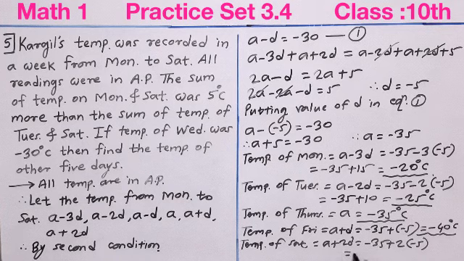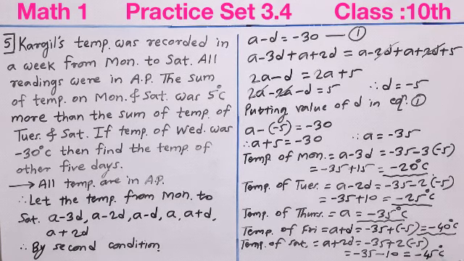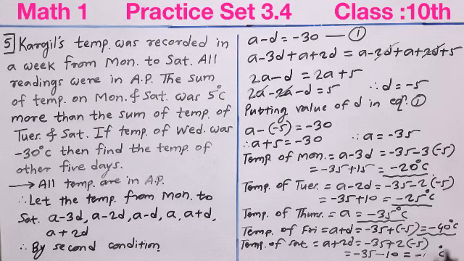So negative 35 will be as it is, plus minus. Product of positive and negative is negative. 2 5s are 10. Minus 35 minus 10, there will be addition, and the answer will be negative because the bigger number is negative. So negative 45 degrees Celsius. Negative 45 degrees Celsius is the temperature on Saturday.